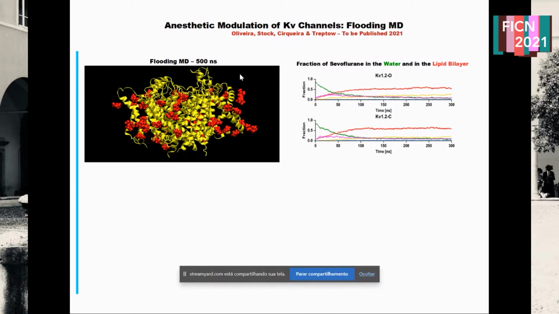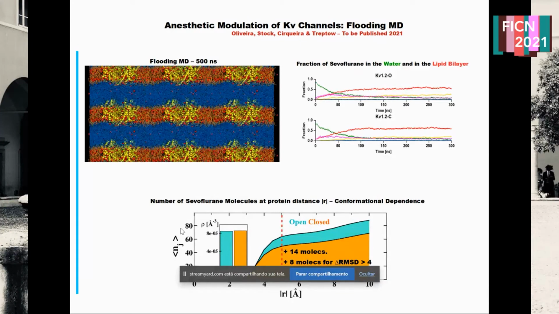So the simulations were performed for the two conformational states of the protein. And here I show you the analysis of the average number of bound ligands as a function of a given binding cutoff distance, let's say 5 angstroms. And there is a clear excess of bound molecules to the open state of the protein.